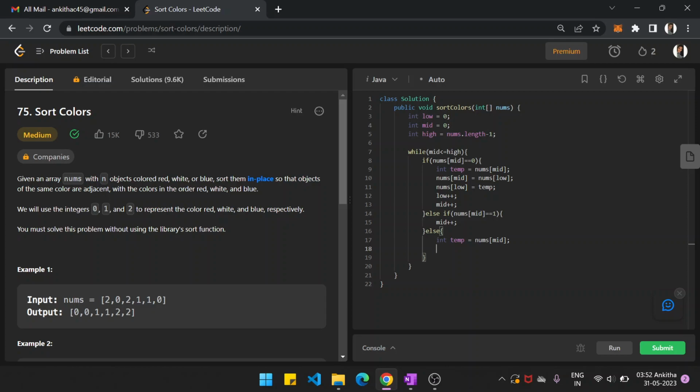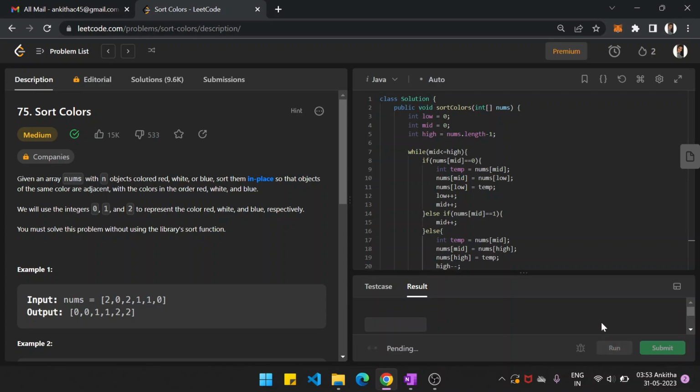So next, nums of mid equal to nums of high. Next, nums of high equal to temp. Now high minus minus. And yeah, you return void here, nothing to be written. So we can directly run this.